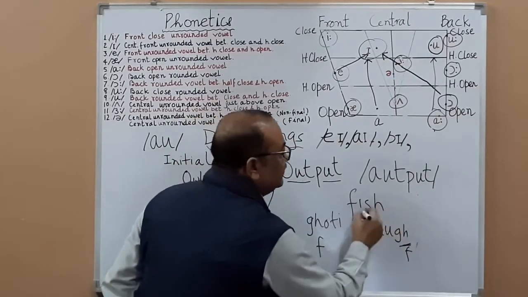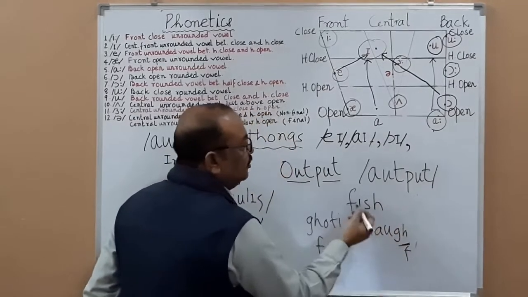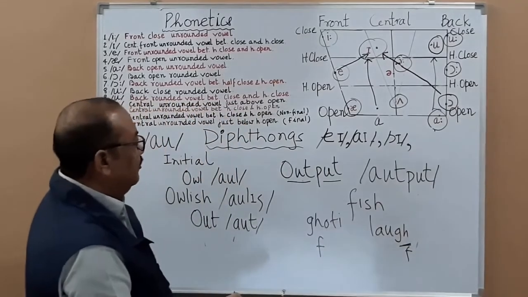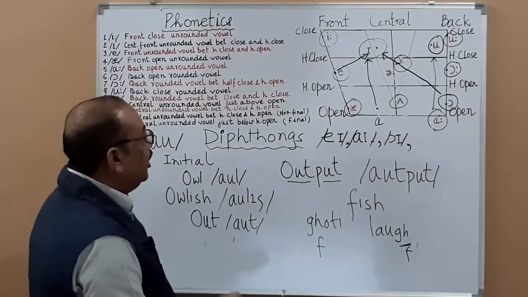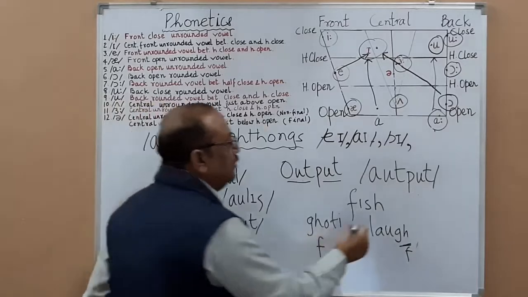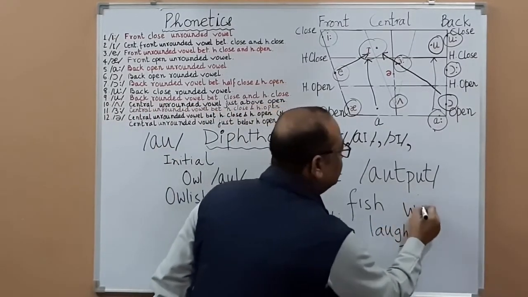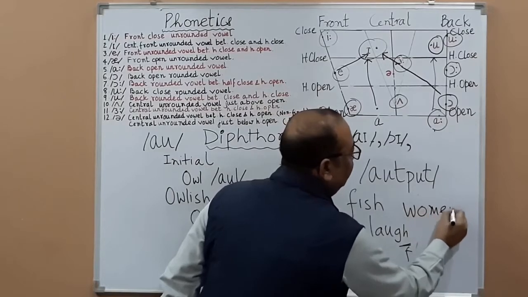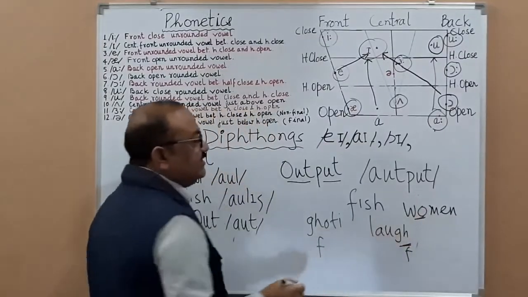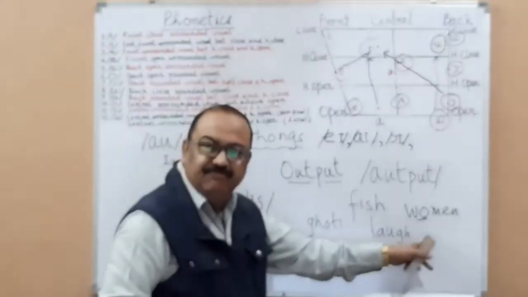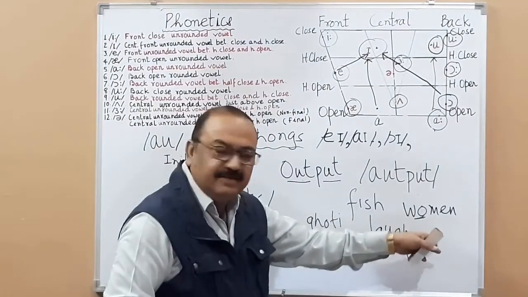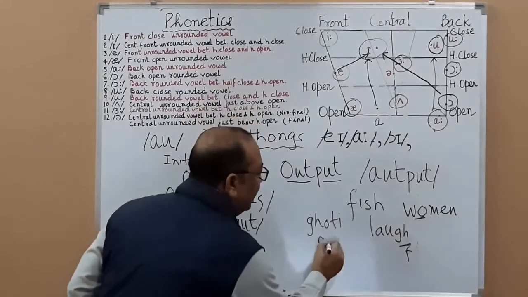And when you write women, now O is giving you the I sound in women. It's not woman, it's women. So you can have I here.